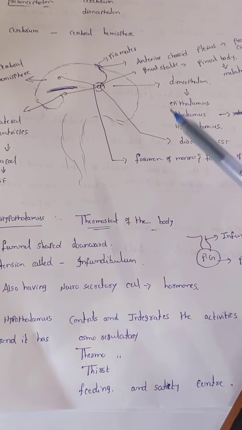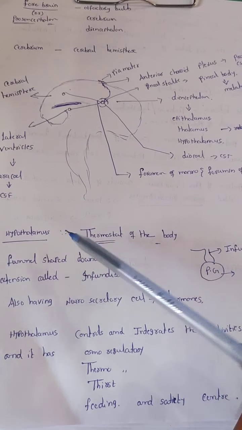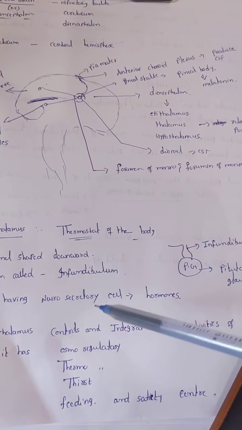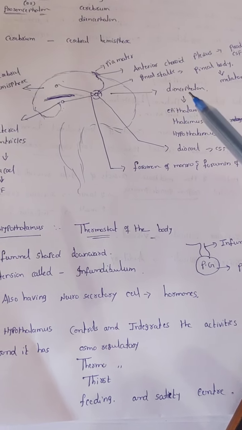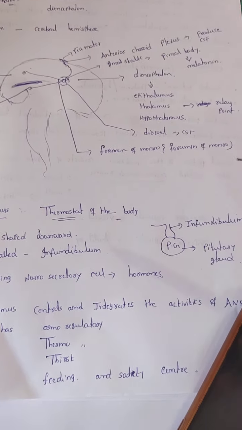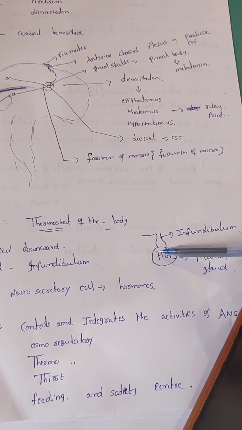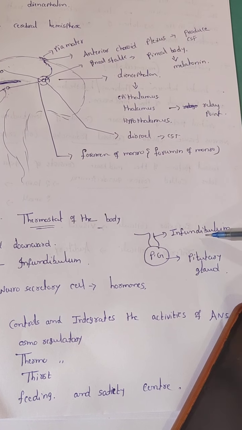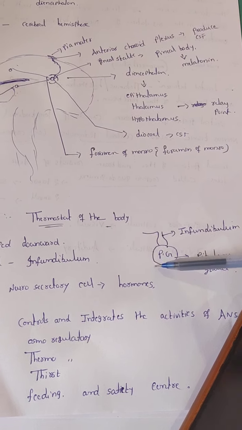The third part, very important in the brain and in the whole body, is the hypothalamus. The hypothalamus is called the thermostat of the body. It maintains a constant body temperature. From below the hypothalamus there is a funnel-shaped structure called the infundibulum, which is connected with the pituitary gland.